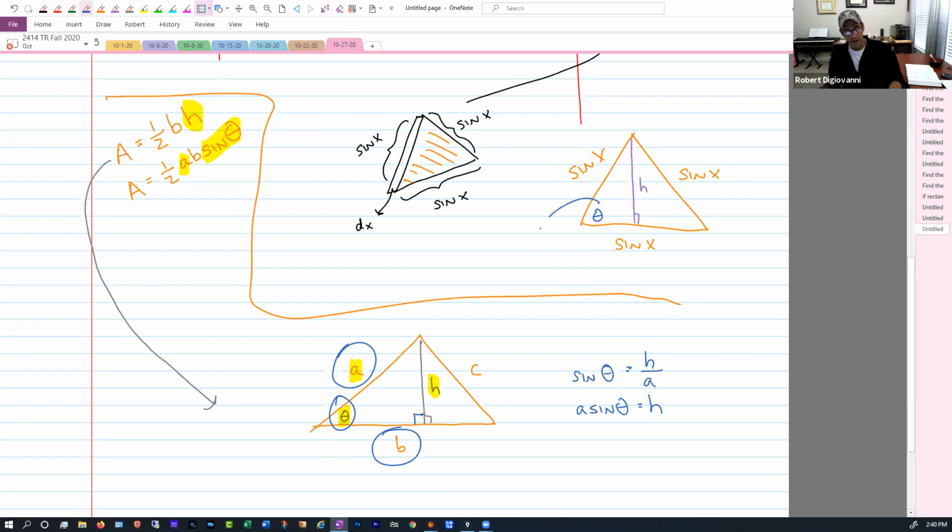So the area of that is 1/2 sine x times sine x times sine of 60 degrees, which means, what is sine of 60 degrees? That's √3 over 2. So 1/2 sine squared x times √3 over 2. I know I'm over by a minute here, which is √3 over 4 sine squared x.